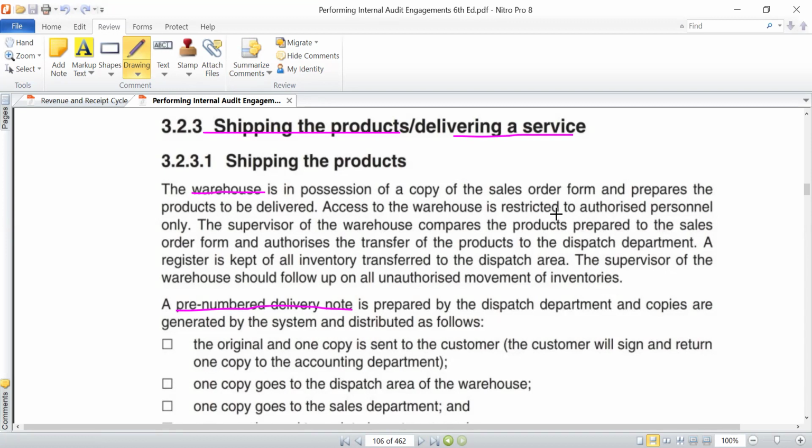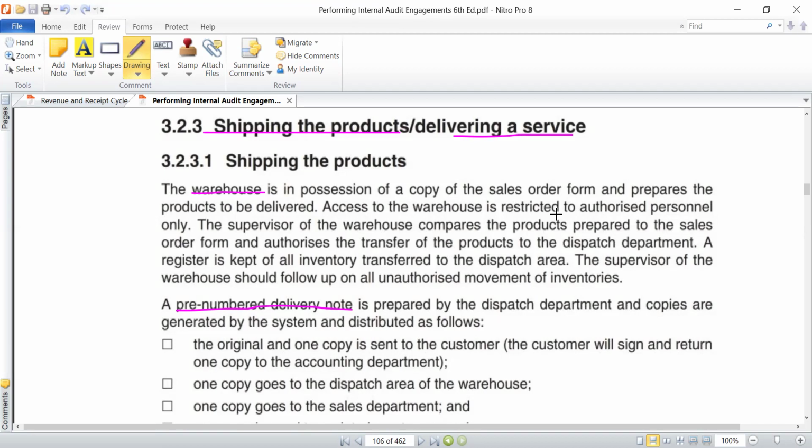The movement of goods from warehouse to the delivery trucks, that whole entire process has to be properly monitored or properly controlled. And when I'm saying properly monitored or properly controlled, that implies we need to have some form of what we call physical controls, physical safeguarding of assets. So how do we do so?